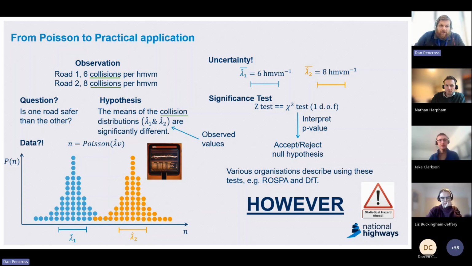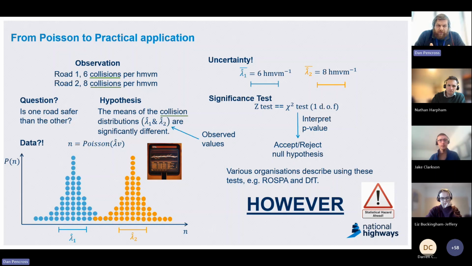This N on the screen represents the total number of collisions over the course of a year, and then we will generate, using the Poisson distribution, a set of values of n, which will ultimately give rise to a distribution very similar to the ones that we were just shown. And the more we do this, the more we can reduce the uncertainty value.